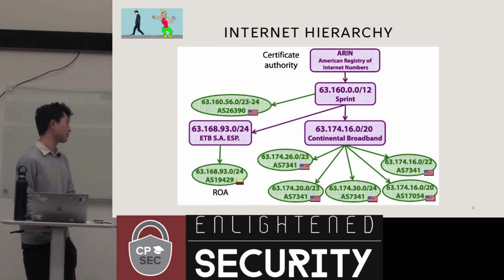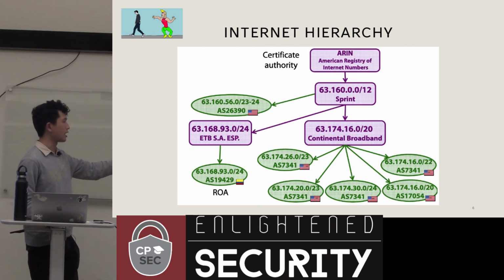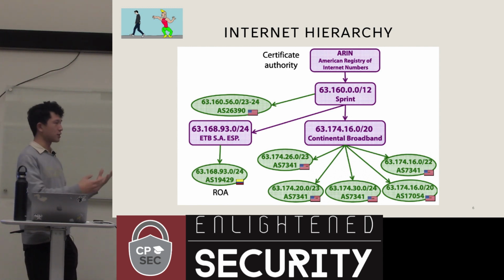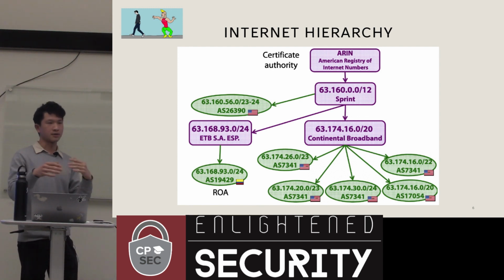I realize it might be hard to see with the purple text on the purple box, but Continental Broadband has a /20 of that IP range, and sitting above them is Sprint, who have a /12. If you look at the numbers, you can see that the IP range Continental Broadband owns is inside of Sprint's. So Sprint is an umbrella above many other autonomous systems underneath it.